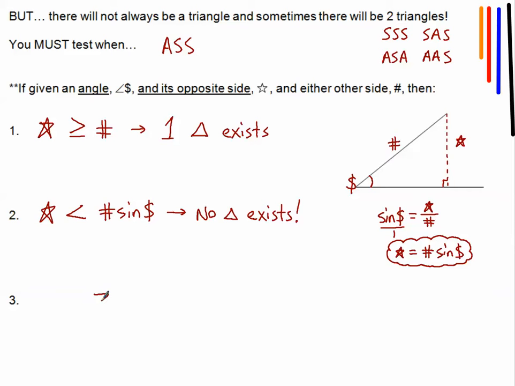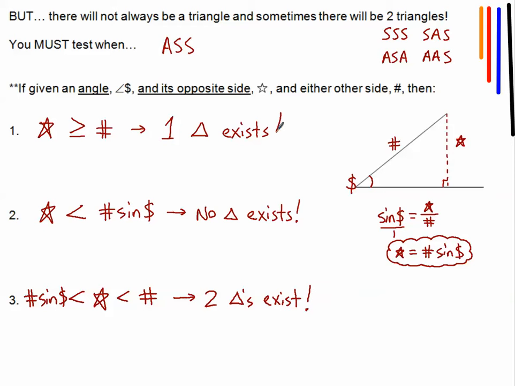So if star is in between the magic number, the hashtag sine of dollar symbol, and the longest side, it's less than that, but it's greater than the magic value, this is when we have two triangles that will exist.